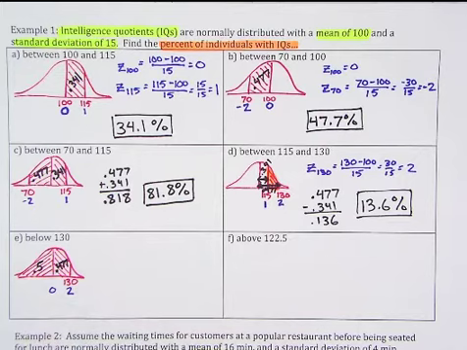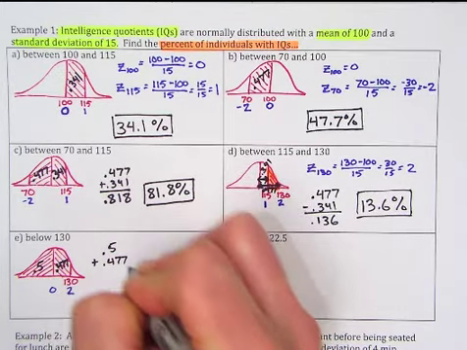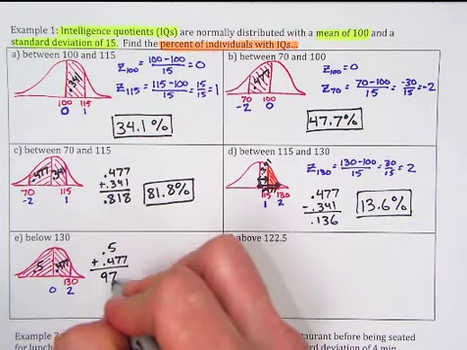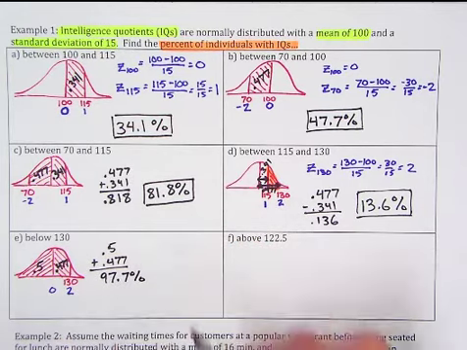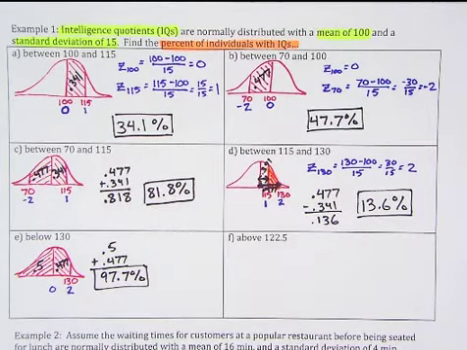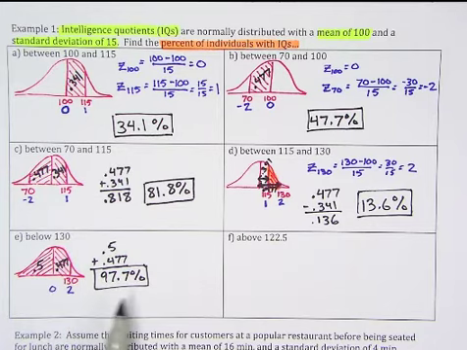So to put this all together, we're going to have 0.5 plus 0.477, which is a total of 97.7%. So again, what this is telling me is that 97.7% of all people have an IQ less than 130. Okay, so if you're above 130, then you're in a very elite group here, the top 2.3%.